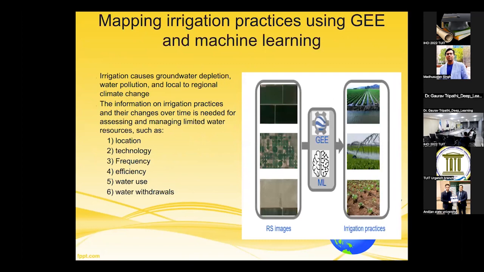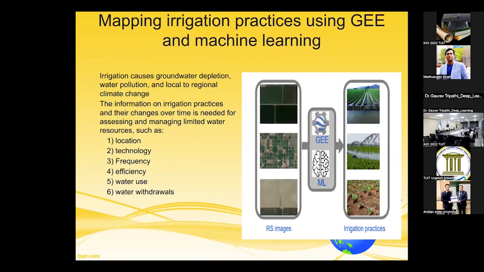Another very interesting application which comes from deep learning on aerial images and satellite images is mapping irrigation practices using Google Earth Engine machine learning. Irrigation causes groundwater depletion, water pollution, and local to regional climate change. Information on irrigation practices and their changes over time is needed for assessing and managing limited water resources, such as location, technology, frequency, efficiency, water use, and water withdrawals.